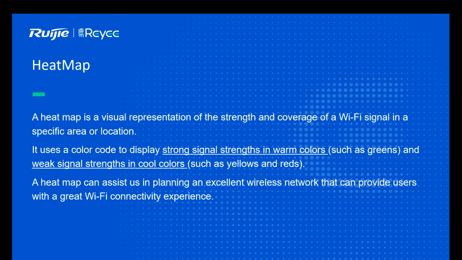It uses a color code to display strong signal strength with warm colors, such as greens, and weak signal strength in cool colors, such as yellows and reds. A heat map can assist us in planning an excellent wireless network that can provide the user with a great Wi-Fi connectivity experience. So, as the definition tells us, a heat map is nothing more than a mechanism for representing the wireless signals emitted by the access point.